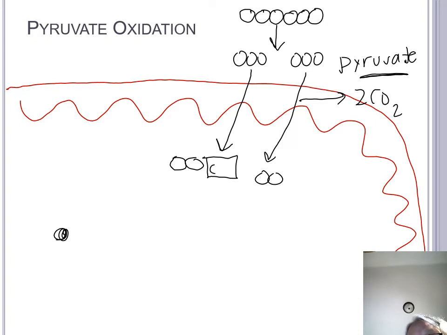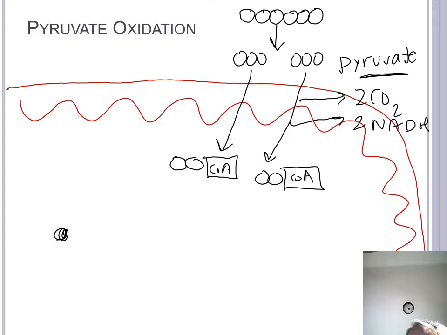The coenzyme that they bind to is called coenzyme A. In this process of bringing the pyruvates into the mitochondrial matrix, it does not generate any ATP. However, some electrons are released and they get captured. So in this process, we also generate 2 molecules of NADH.